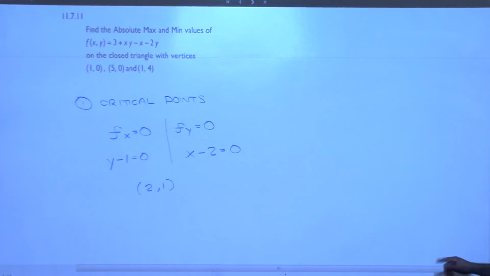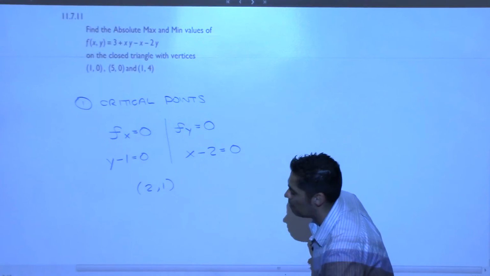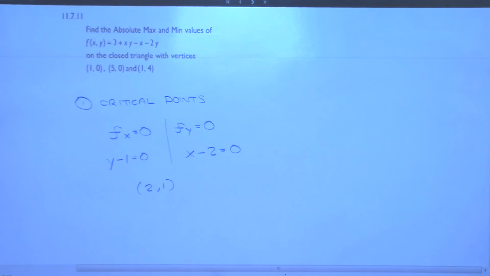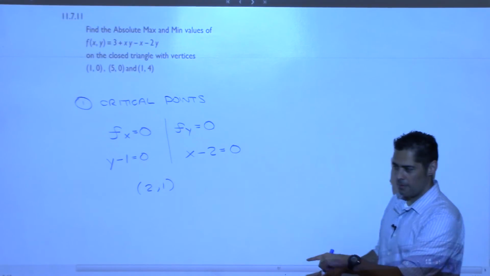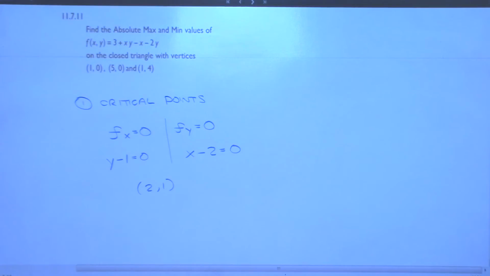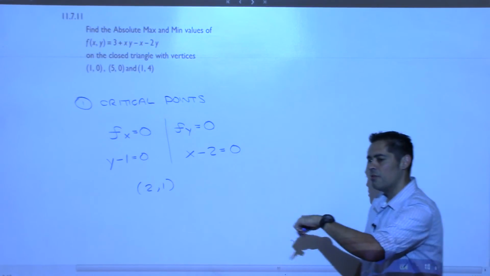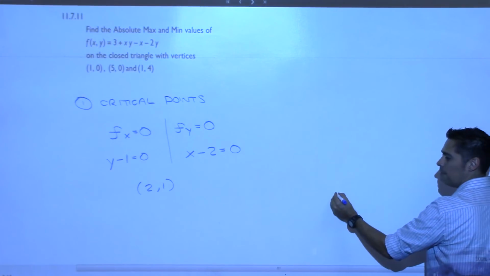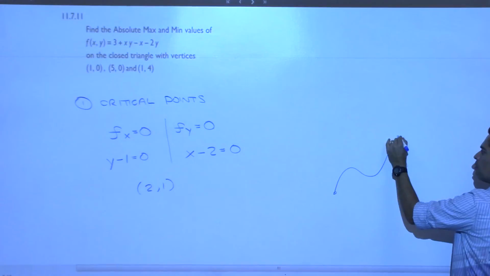Now, what did we do last class at this point? Once we found where these partials were 0, what did we do last class? We evaluated D. We figured out what capital D was, right? Now, here's the thing. We actually don't need to do that in this. Here's why. If you go back to Cal 1, remember what we did in Cal 1.